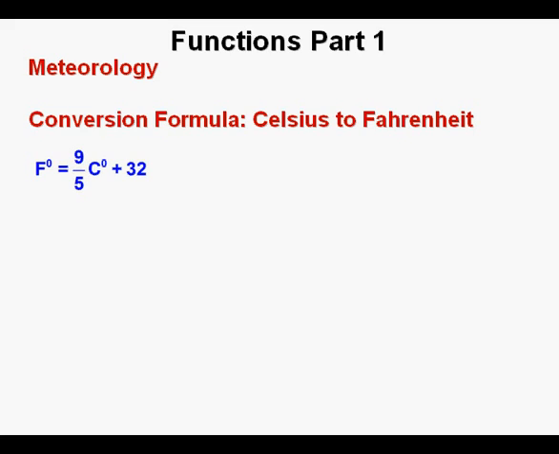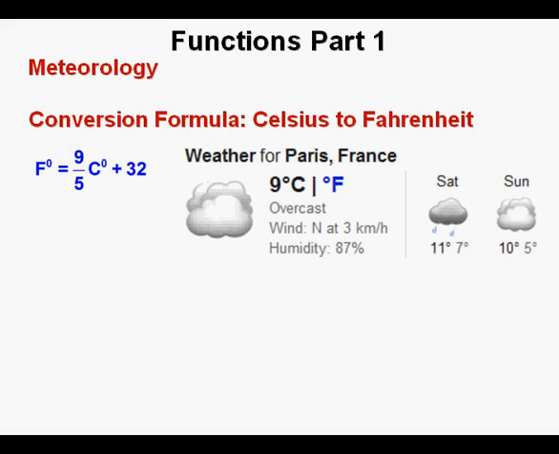And this is the conversion formula. Degrees Fahrenheit equal 9/5 of the degrees Celsius plus 32. So if I read a weather report for Paris, France, I see that the current temperature is 9 degrees Celsius. With this formula, we will take this value of 9 and plug it into the conversion formula.